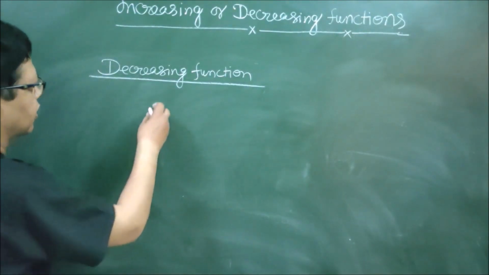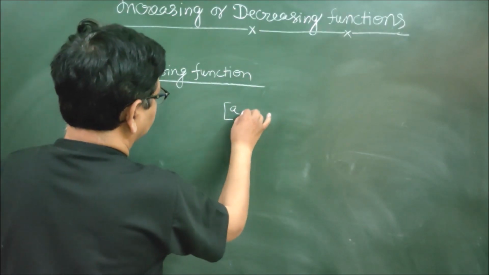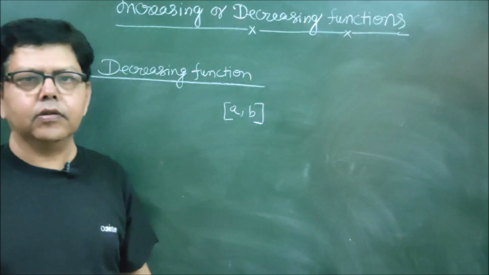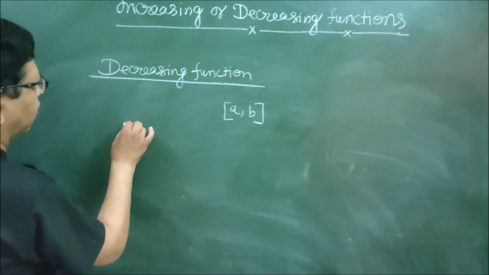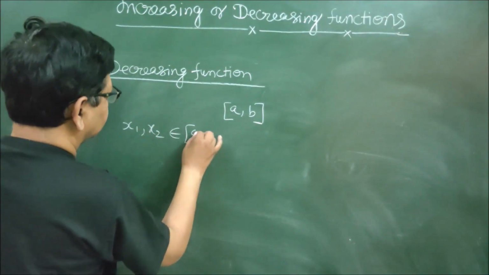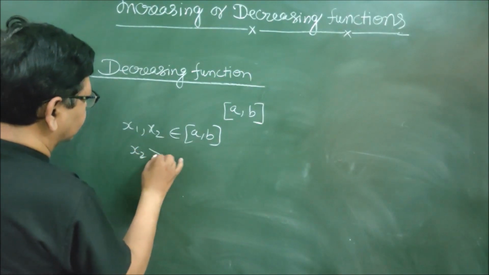In the decreasing function, let us check in the interval a comma b, which is a part of the domain. Now let x1 comma x2 belong to this interval (a, b) and x2 is greater than x1.